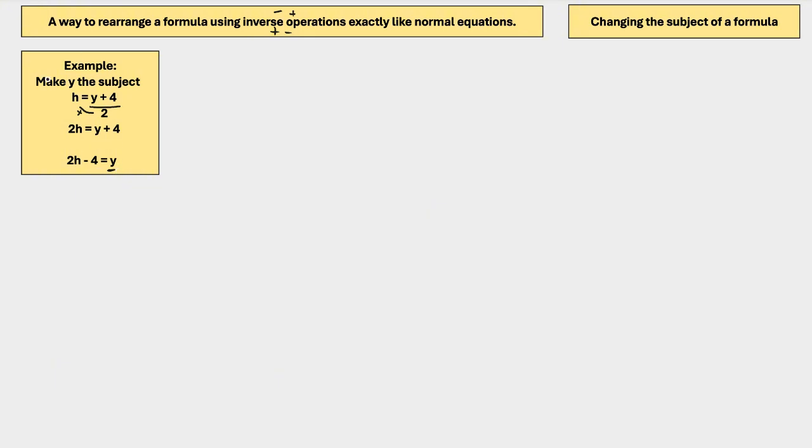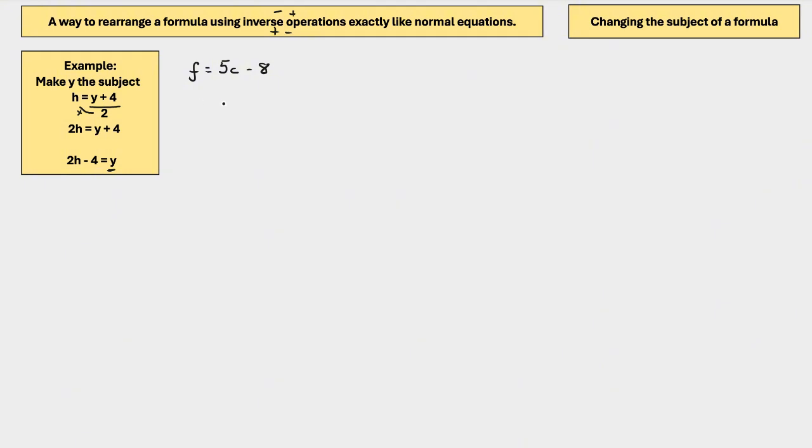So we're going to do a few examples. Instead of me writing "make whatever the subject", I will say it and you just listen. So I want to make C the subject in this case. The actual question is F equals 5C minus 8. How do I get C to be the first number, the unknown?